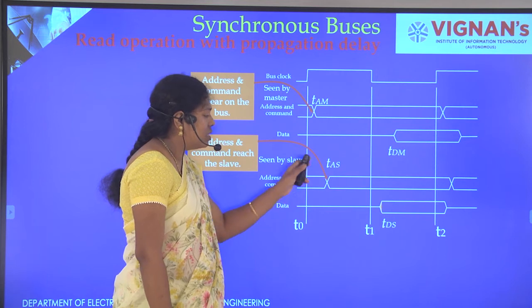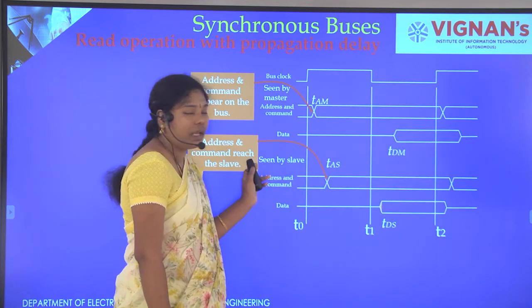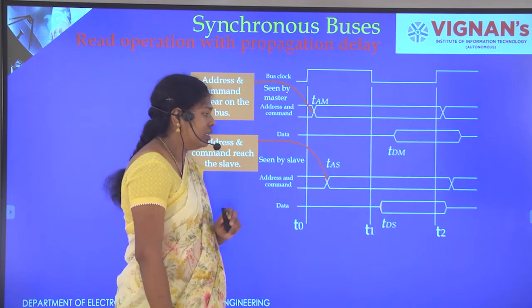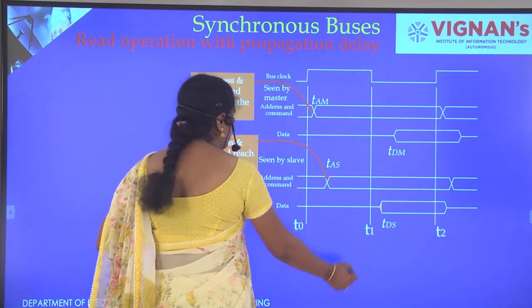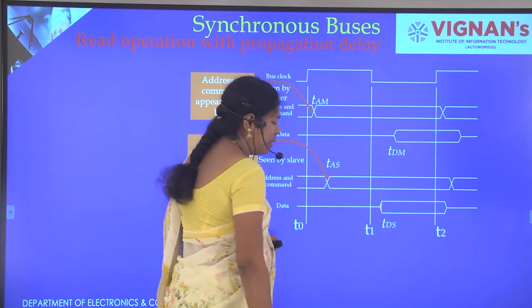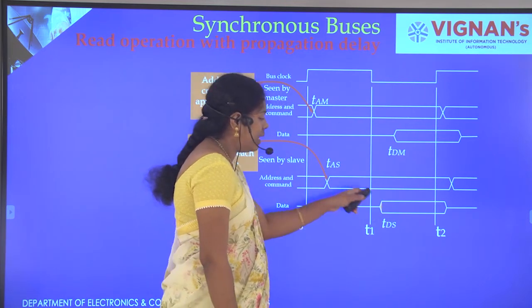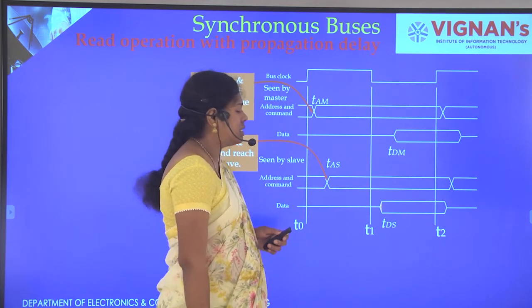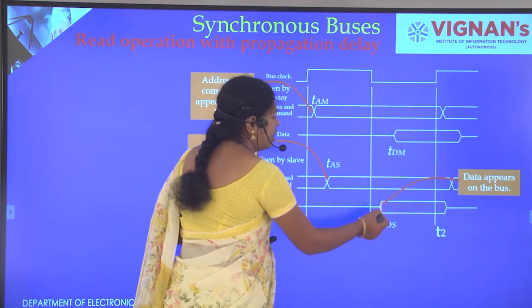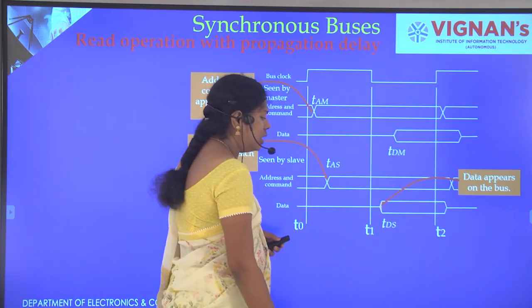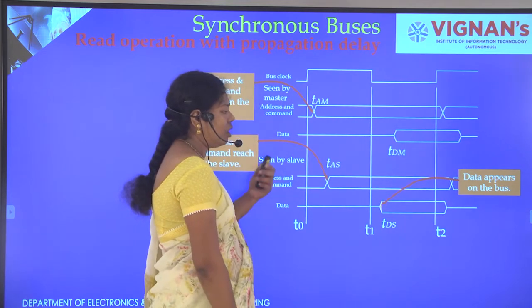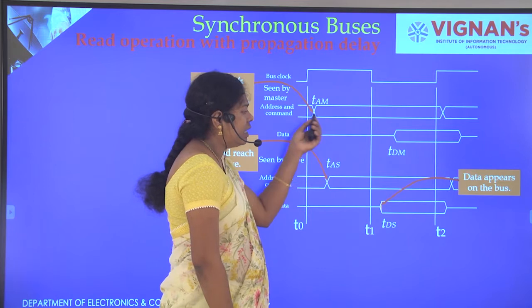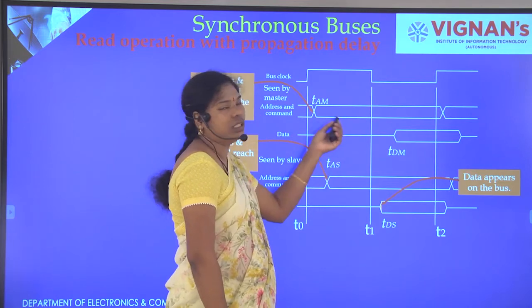Next, the slave receives the address. Now it has to place data on the data bus. In the previous example it placed it at the time of T1, but now it is delayed by TDS. Data appears on the bus with some delay at the time of TDS. After that, again there is a propagation delay to reach the master.